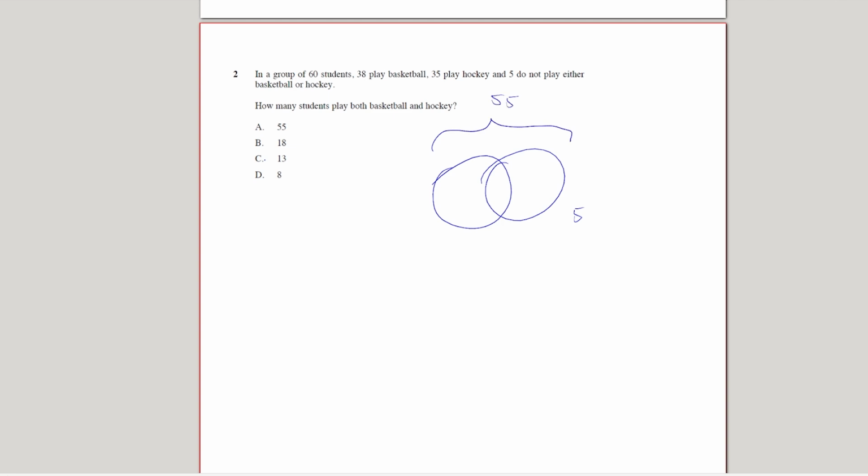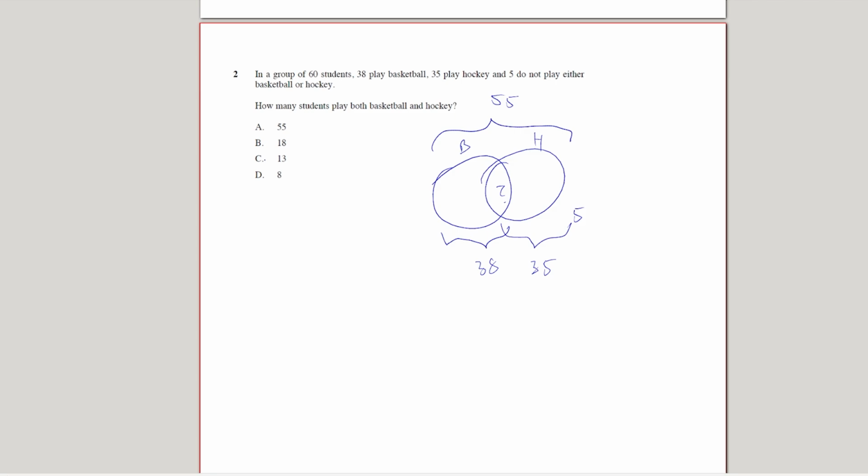They said 38 play basketball, so let's say this is basketball, this is hockey. They didn't say basketball only, so this whole circle is 38 and this whole circle is 35. Now you're wondering, how do I get the students that play both? So this is the question mark.